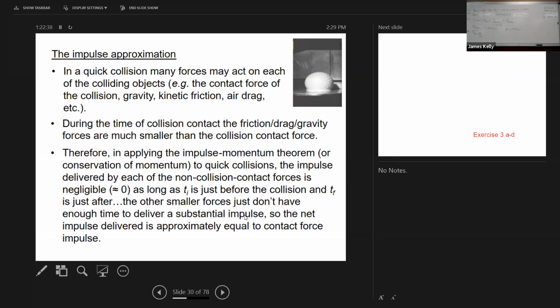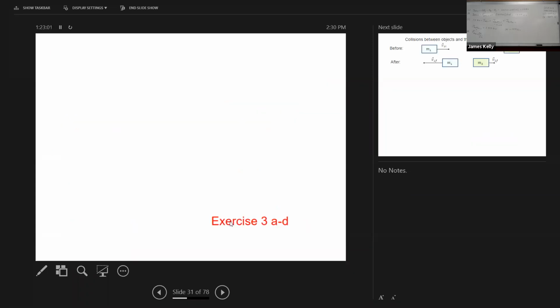The idea is that the other forces are much smaller than the contact force, and they just don't have enough time to deliver substantial momentum. If you've got a moderate force, you need a long enough time to get enough area under the curve. But if you've got a huge force, and these contact forces can be really big when two surfaces slam against each other, you can substantially change the momentum during that amount of time.